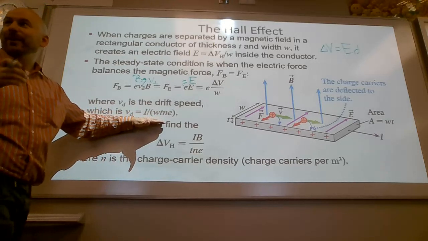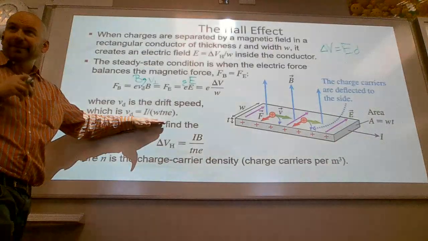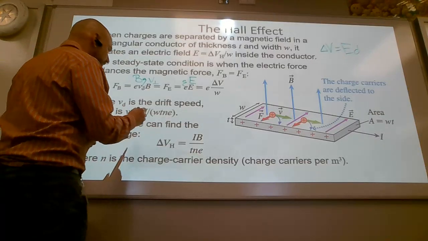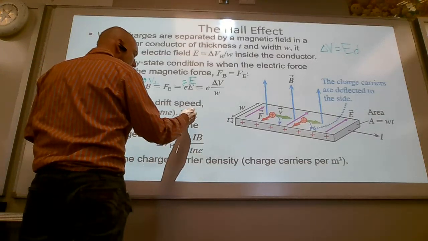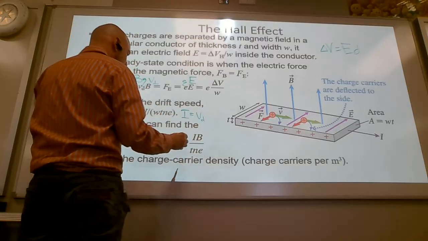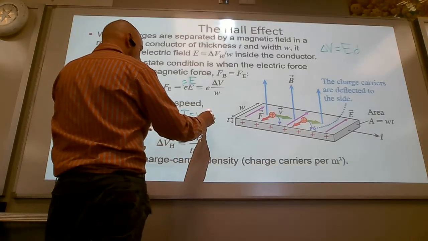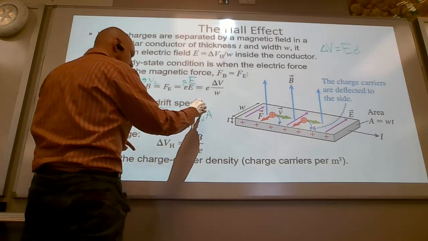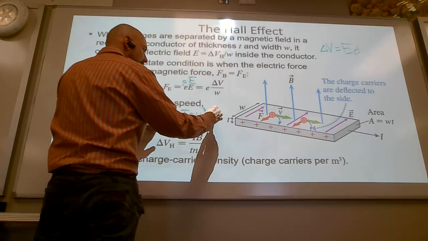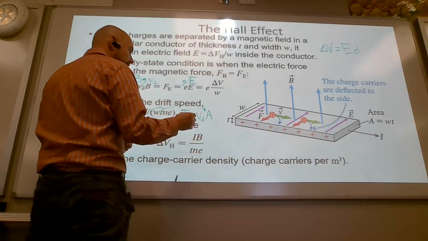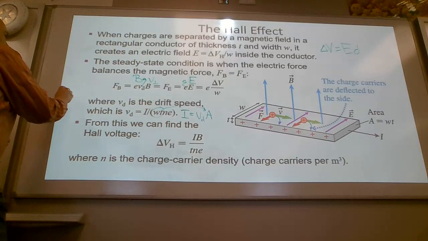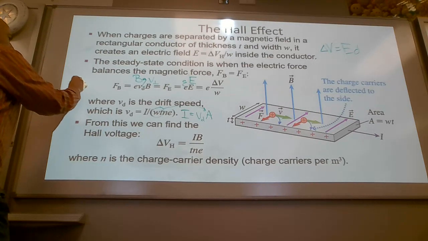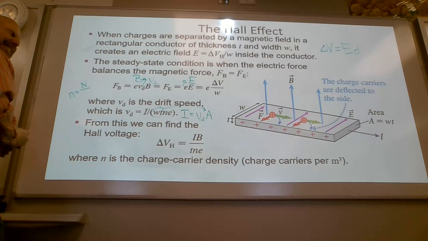Okay, so this is like way back the microscopic view of current. So current is equal to the drift velocity times the area, which is this, times the n, which is the number density, and over, what is that over?